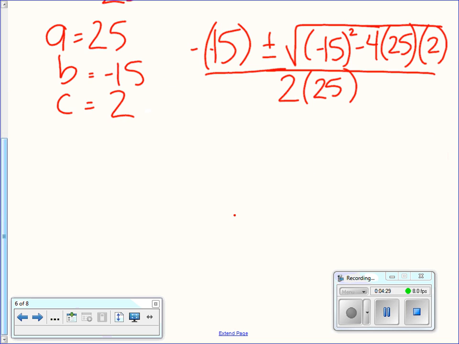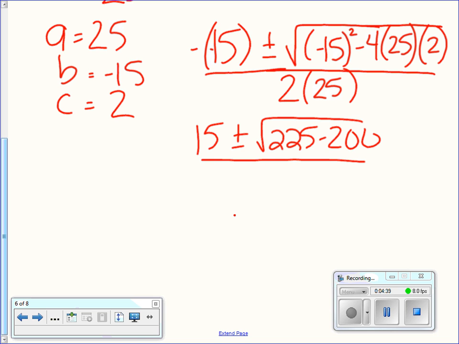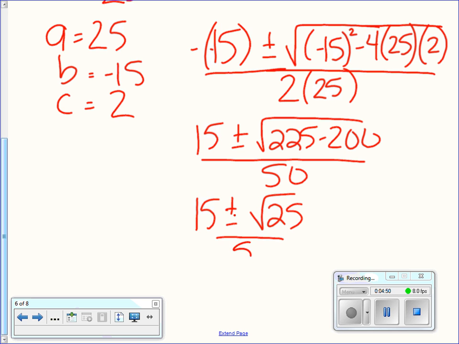So let's simplify this. We get 15 plus or minus the square root of 225 minus 200 over 50. Gets us 15 plus or minus the square root of 25 over 50.